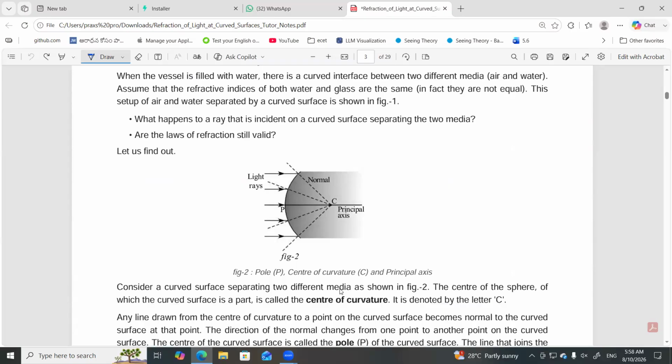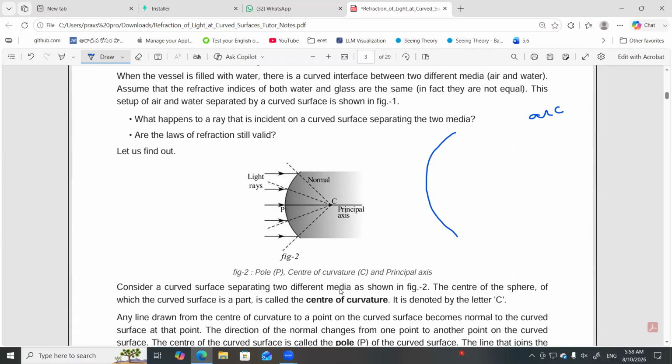So now, as it is a curved surface, it is nothing but part of a circle. It's like an arc. When you complete this curved surface, it would become a circle, and every circle would have a center point.